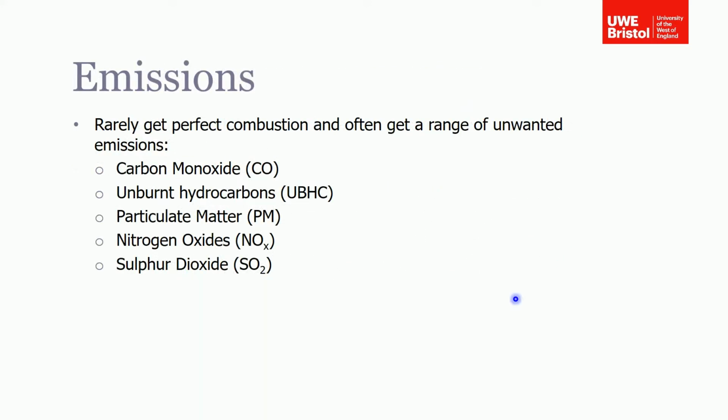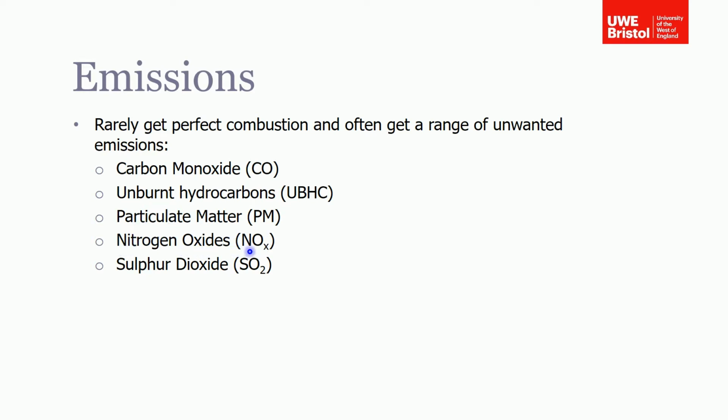So some of the products that we end up with that are undesirable: carbon monoxide, so that's obviously not CO2, just CO. Unburnt hydrocarbons, so basically fuel that hasn't burnt. Particulate matter, obviously that's soot, but described in the sector as particulate matter.